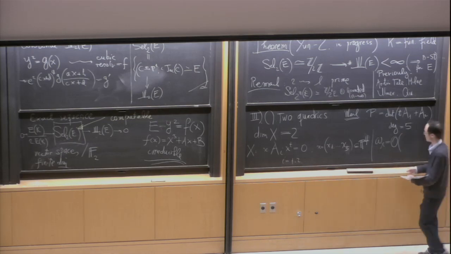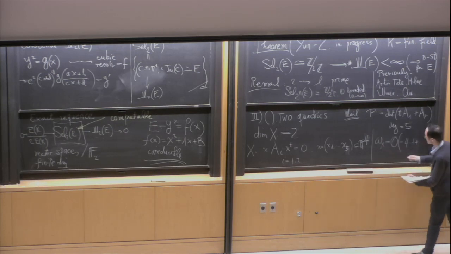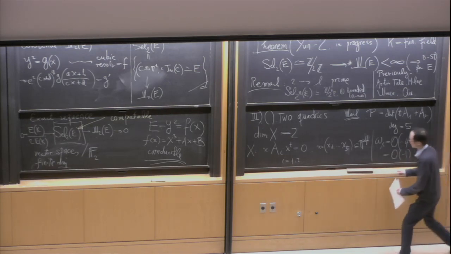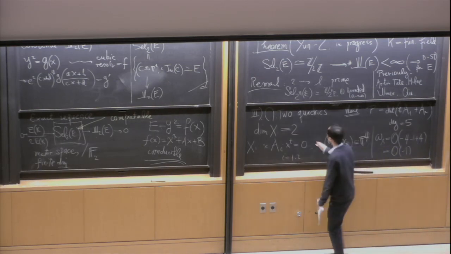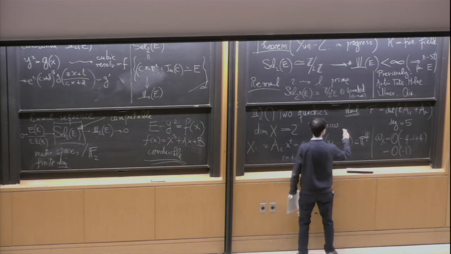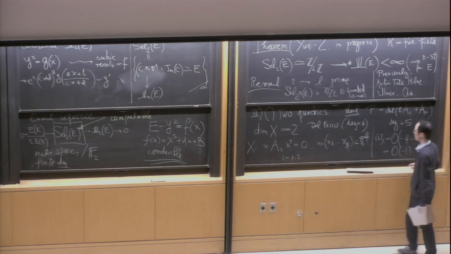Suppose you have something in Pn, then I have minus n minus 1 plus the total degree, 2 plus 2, so I get 4. So actually, it's O of -1. So this is one example of a so-called del Pezzo surface of degree 4, where the degree means the self-intersection of the canonical sheaf.